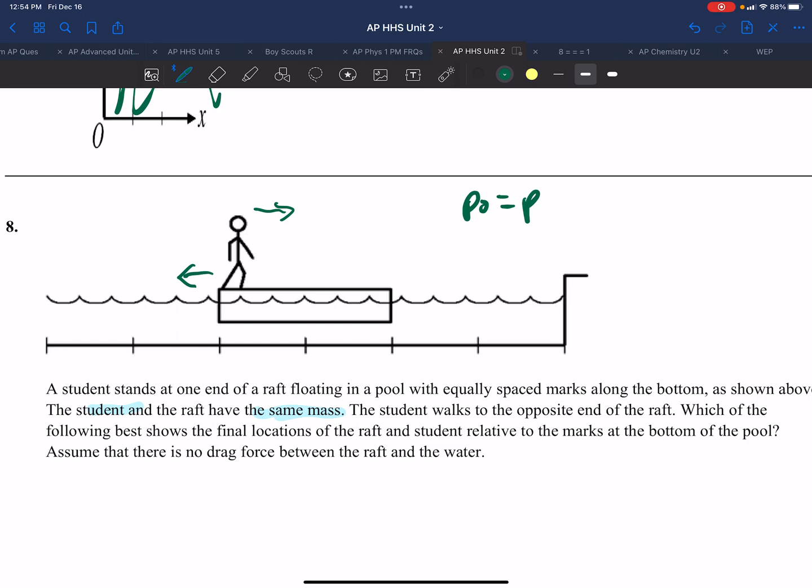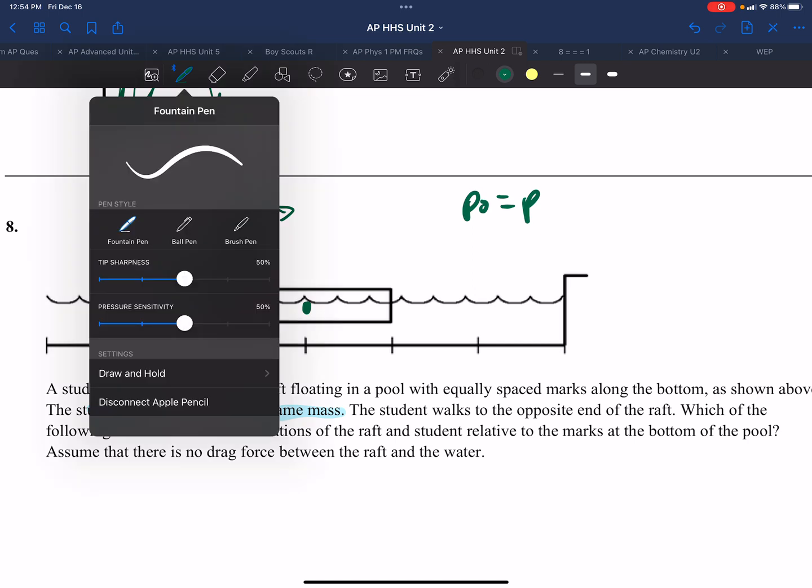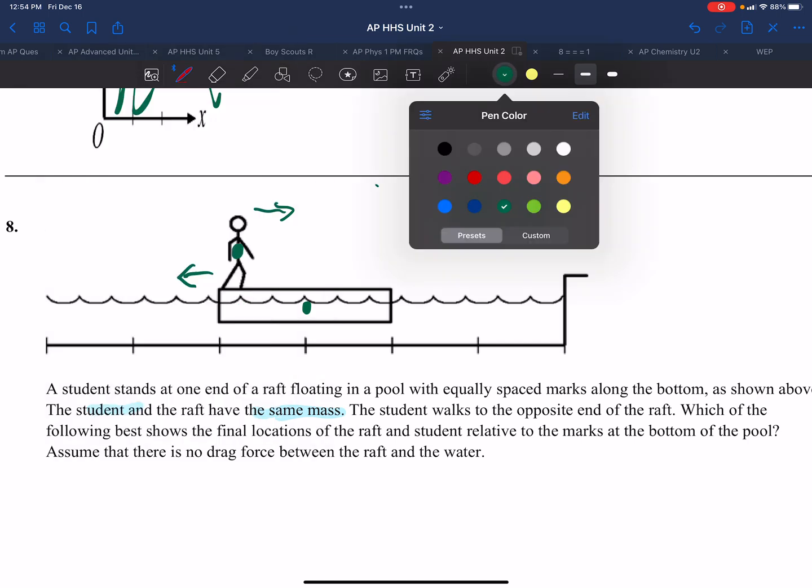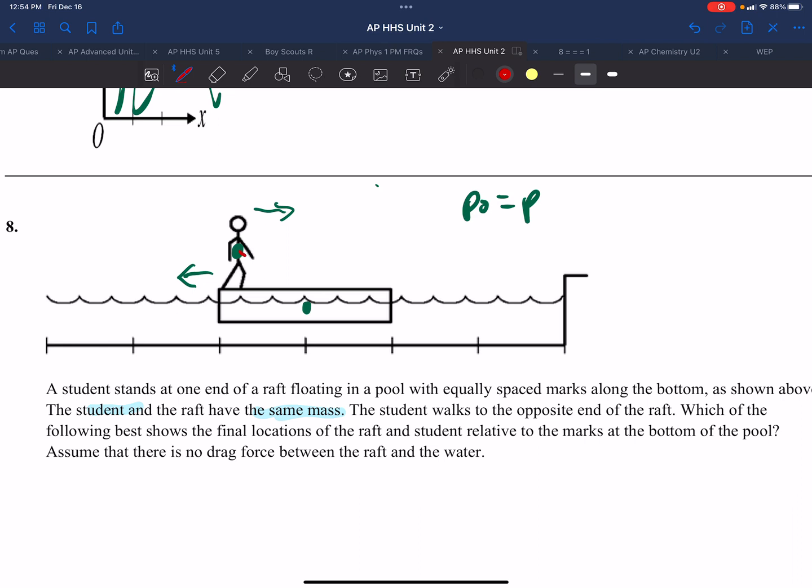So if we pick the center of mass of the person, let's say it's there, and the center of mass of the raft is there, the overall center of mass of the system is going to be right there because they have equal mass. Now, if you notice, the center of mass of the system is about the midway mark between those two.